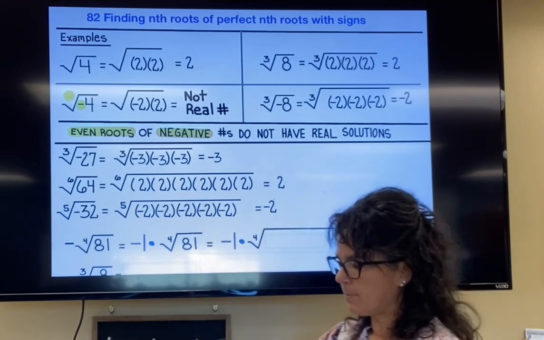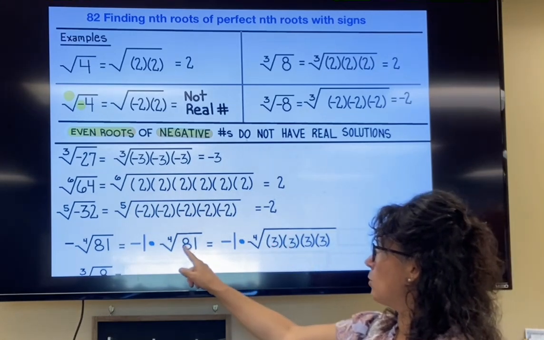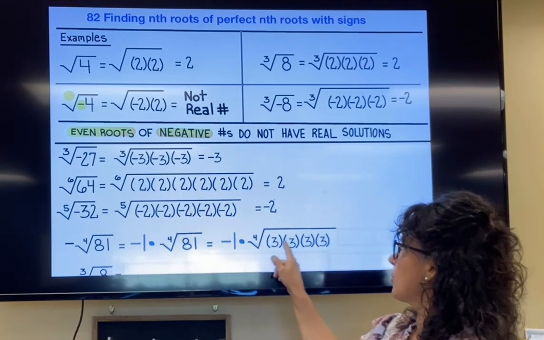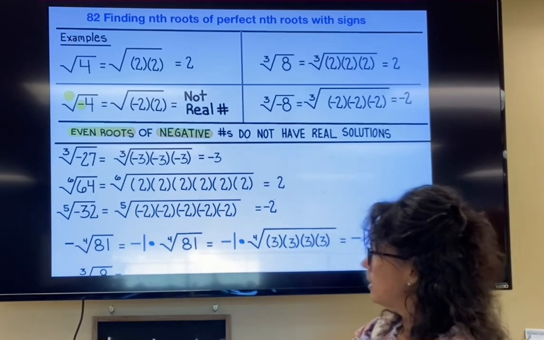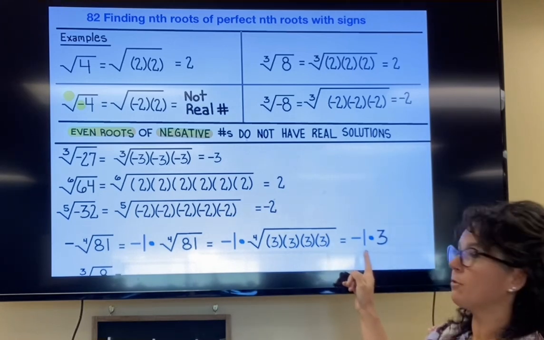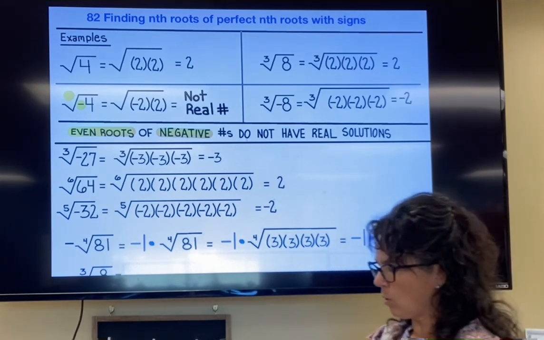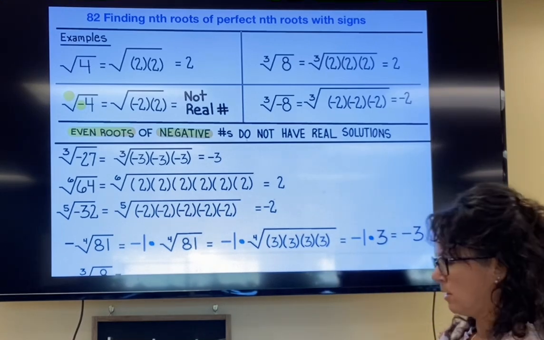So that ends up being 3 times 3 times 3 times 3 is 81. So the fourth root of 81 is going to be 3. So we end up with -1 multiplied by 3, which is -3.